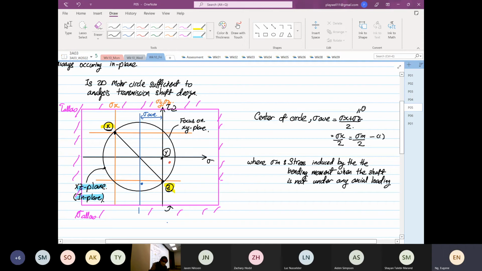Okay, so we are going to assume over here that Px is equal to what? 0. Okay, there are no stresses in the axial, there's no axial loading.